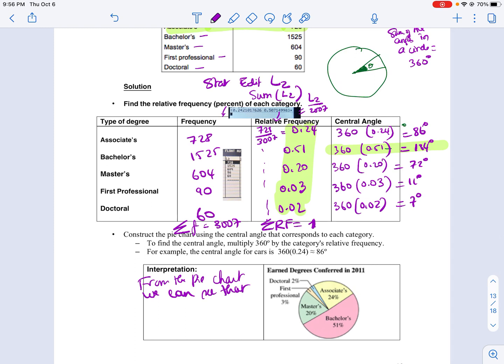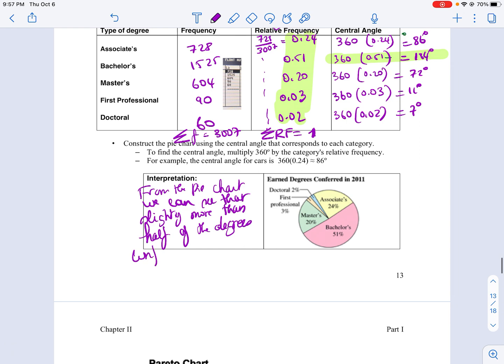Half is 0.51. We can see that slightly more than half of the degrees conferred.